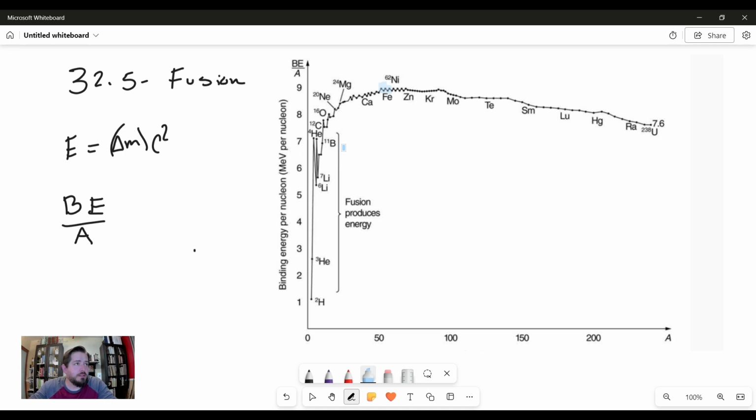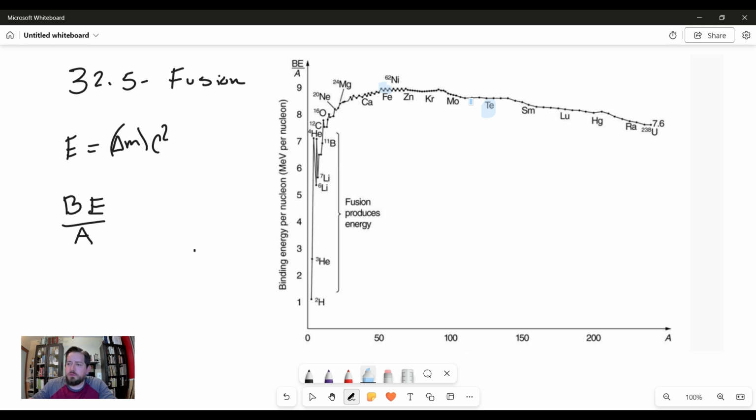So anything that is smaller than iron, you're going to get energy out of by inducing fusion. Anything above that, it's going to cost energy in order to fuse. So if you started a company and said, we're going to take tellurium and fuse it to get energy, that's going to be a waste of time, because it's going to take more energy to turn it into the next element up, and it won't work out for you.